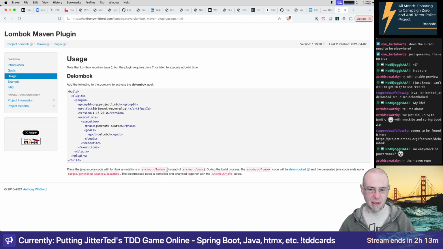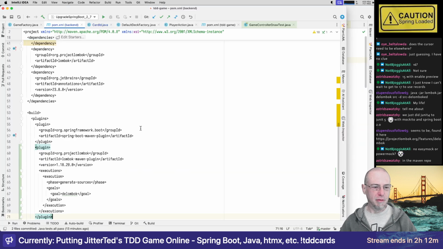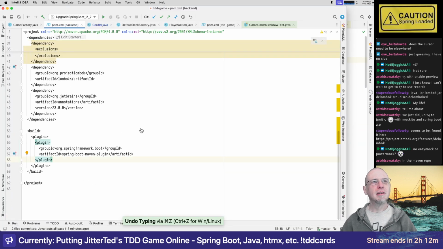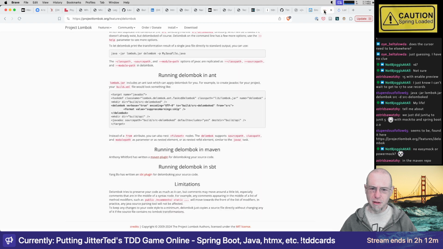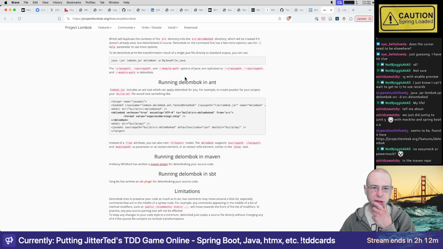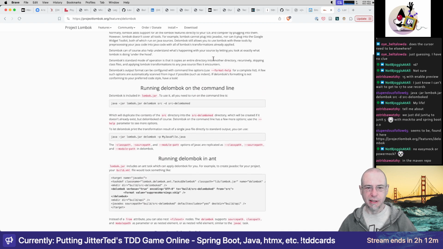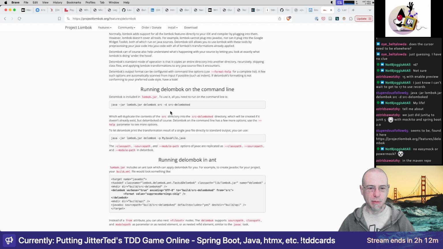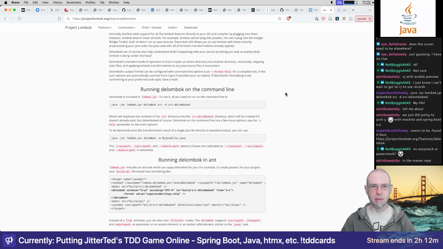I just want you to change it in line. All right, then never mind. Let's go grab the Lombok jar file. What does the Lombok do? So class path, source path. Oh, so it is going to put it also in a separate directory. Yeah, that's all right. That I think is better. All right, so let's go grab the Lombok file.